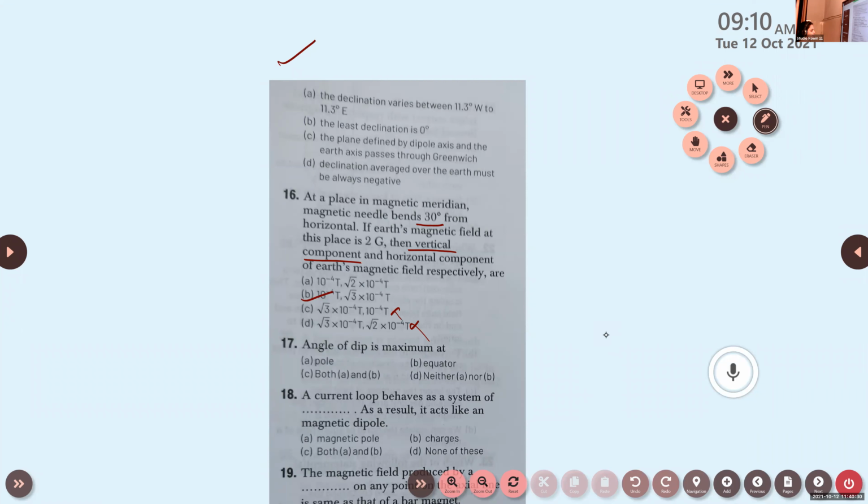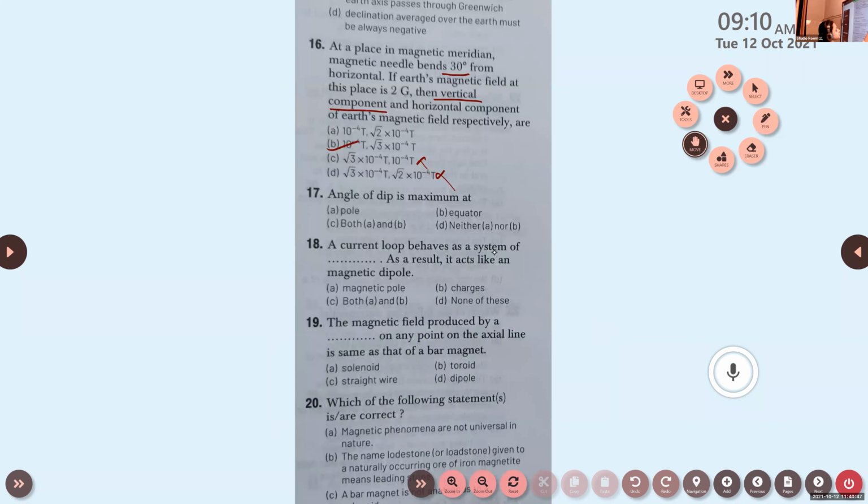Now, 17th question. Angle of dip is maximum at: pole, equator, both A and B, neither A nor B. Angle of dip is maximum at pole. Yes, very good.